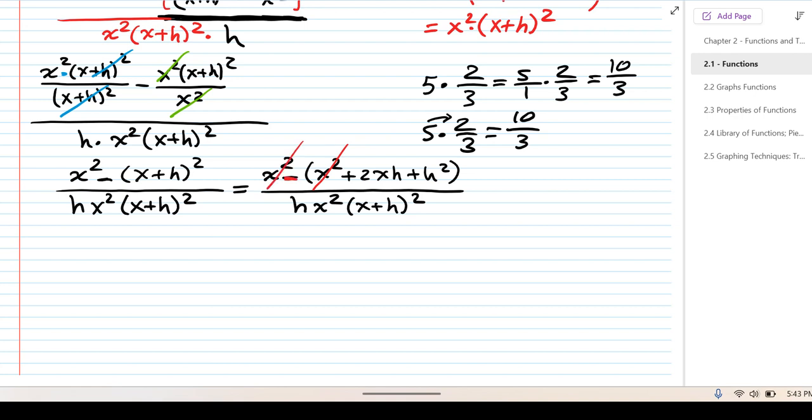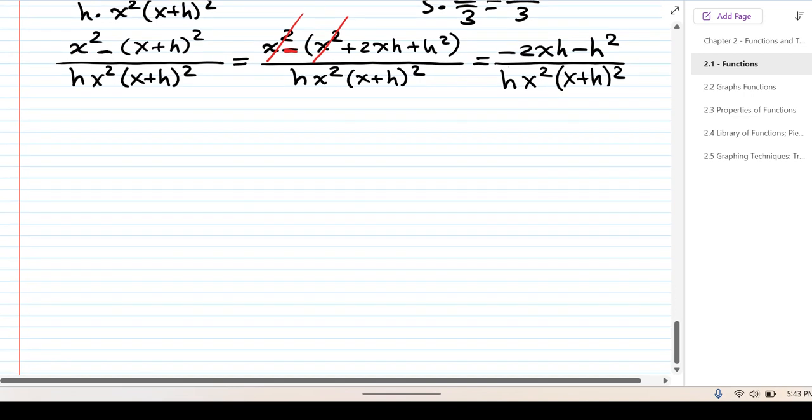The negative still distributes to the remaining two terms. So this is going to become negative 2xh minus h squared, divided by h x squared (x plus h) squared. So the expression did simplify somewhat.